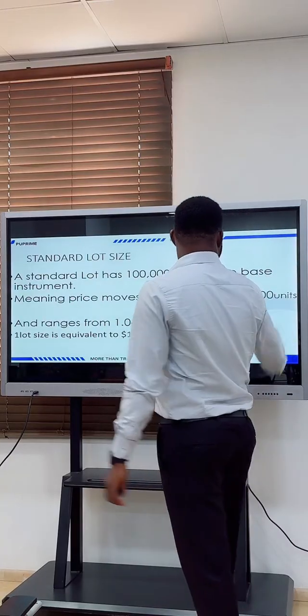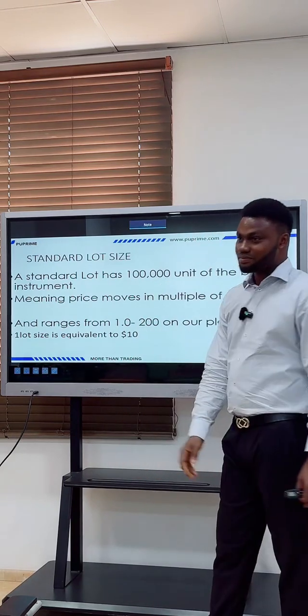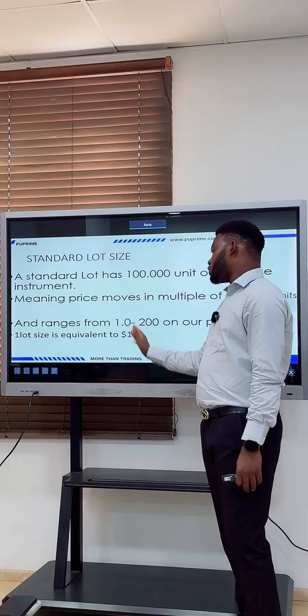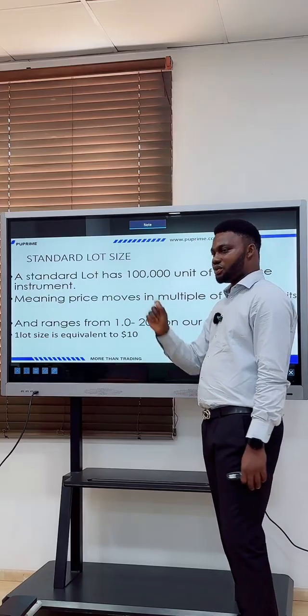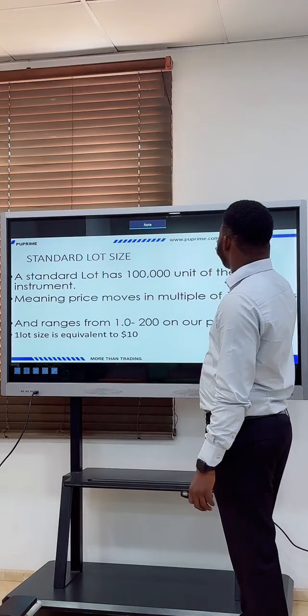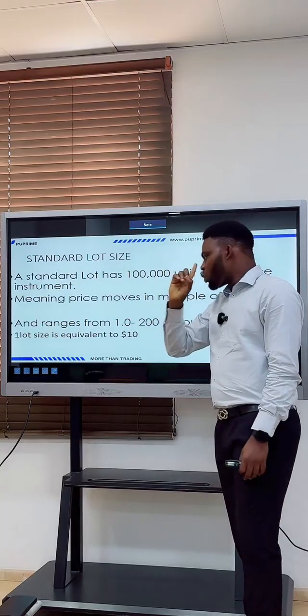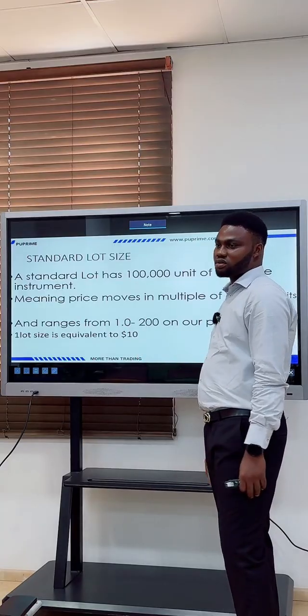What does this mean? Let's say I want to enter a trade and I want to use a standard lot size of 1.0. I could use between 1.0 and 200, but let's say I use 1.0. That means for just a single move, one pip, will be equivalent to $10.